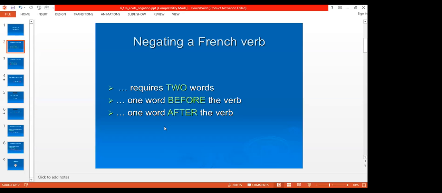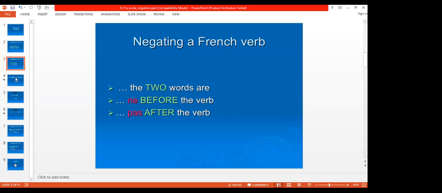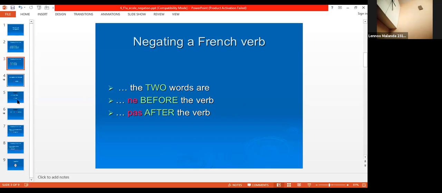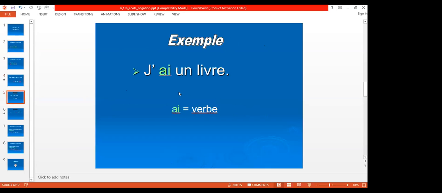When you see the sentence is too long, and some of you will be afraid of the sentence because you think maybe these words are so complicated, you just look for the verb in the sentence and you negate it. For example, we can see here in this example, j'ai un livre.